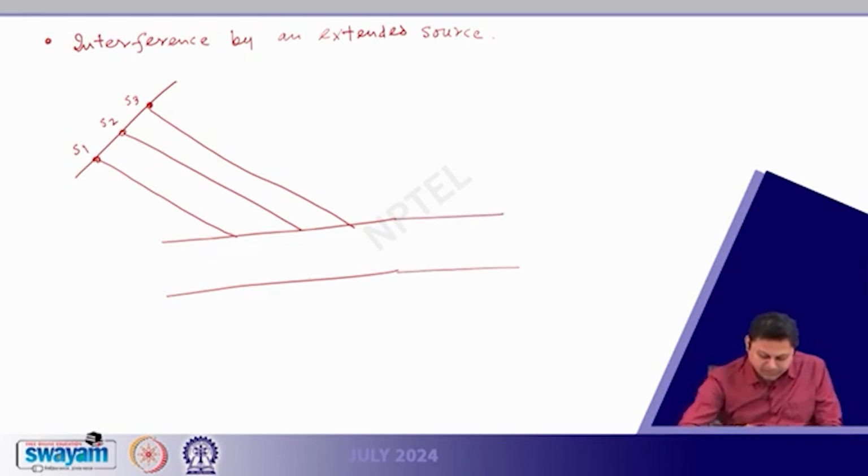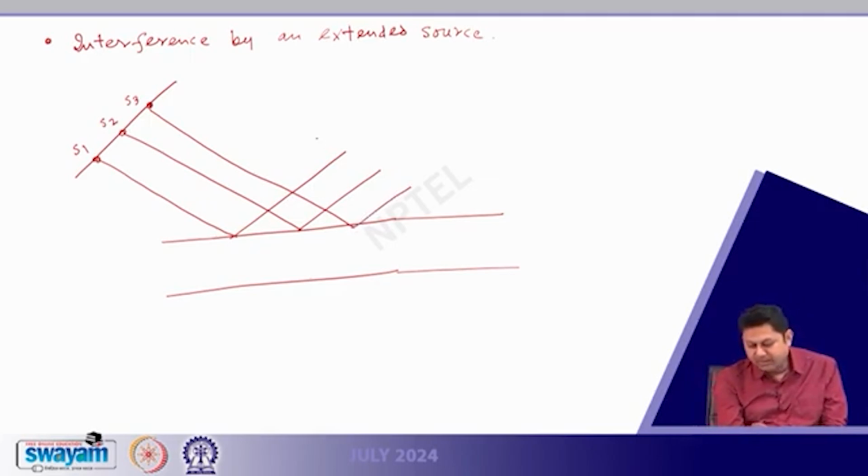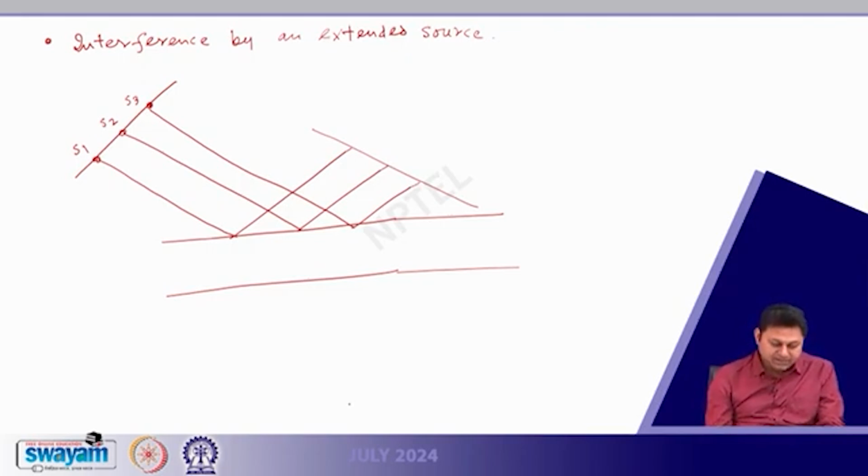And obviously these rays are going to reflect like this, and we may have an arrangement where we can converge all the rays to some point. Here we also have the reflected ray from the lower surface.